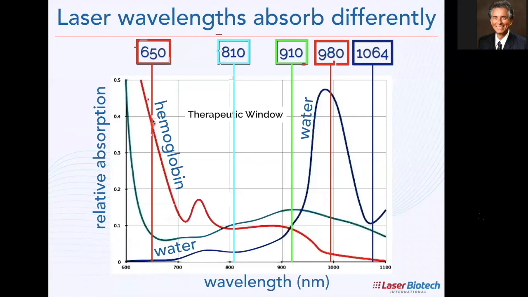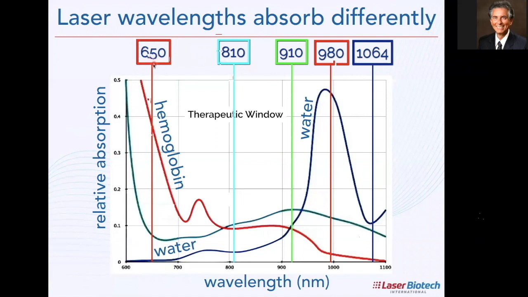There are other factors, more on the technical side: the longer the wavelength, the less it's scattered, meaning it's more focused. So 650 will scatter more than 810 and more than 980 and so on. Again, these are all relative measures.